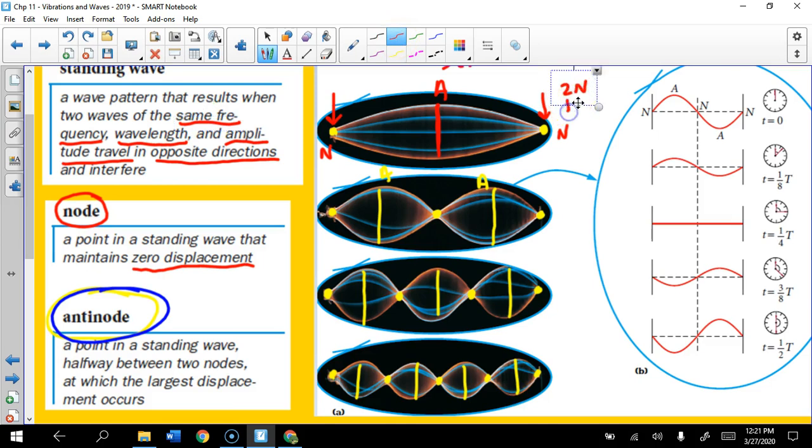And how many antinodes? It's got 1 antinode. This one has 3 nodes and 2 antinodes. This one has 4 nodes and 3 antinodes. This one has 1, 2, 3, 4, 5, so 5 nodes and 4 antinodes. You'll notice that every single time you have one less antinode than the number of nodes.